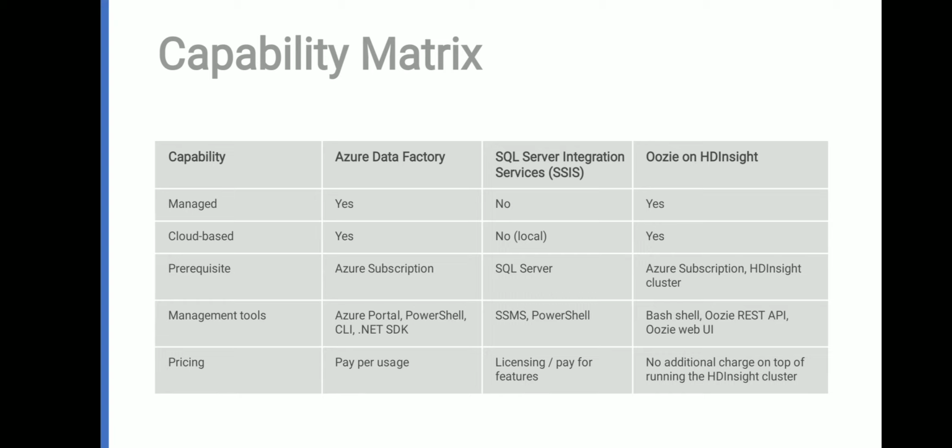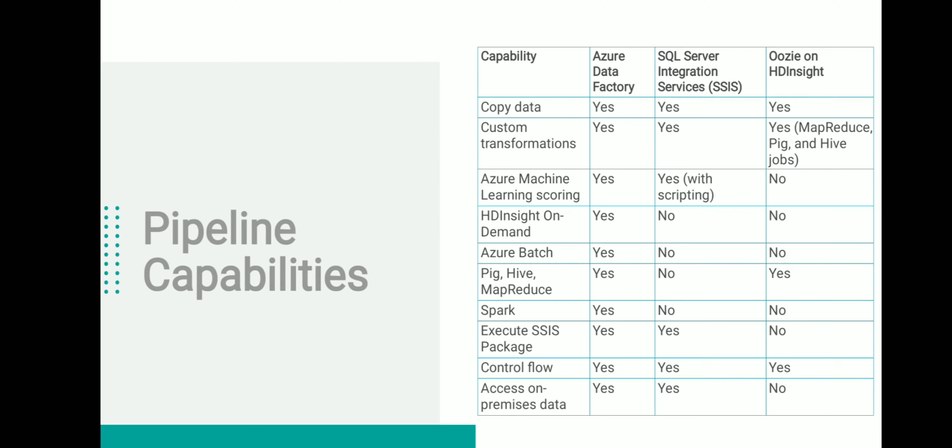Any tool you are evaluating, whether it is Azure or AWS, you first have to have the general capability matrix where you list down all the tools and what capabilities they have. These are the general capabilities. Then you need to draw the pipeline capabilities.